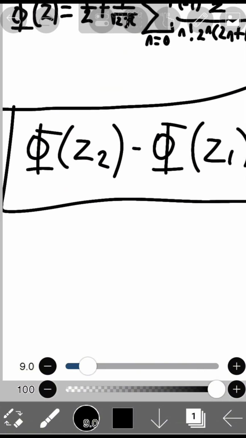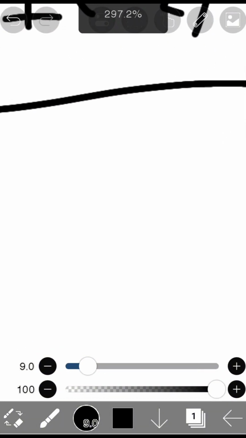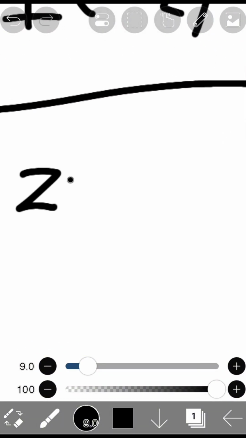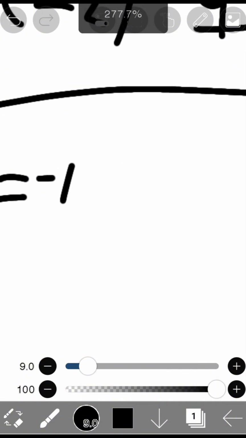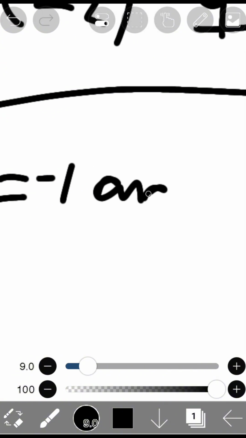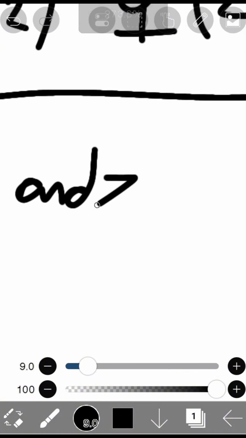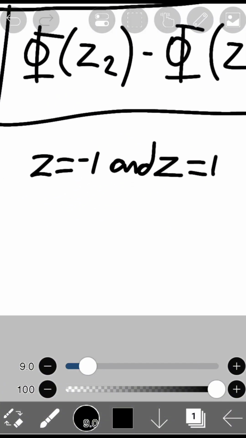So let's have an example right here. For example, I want to get the area between negative 1 and positive 1.